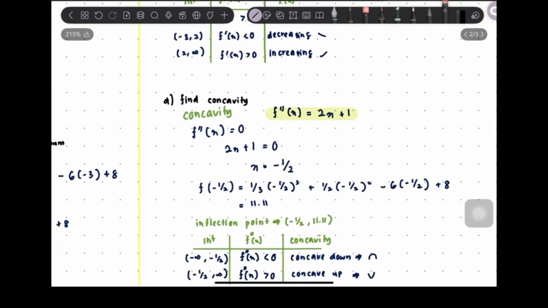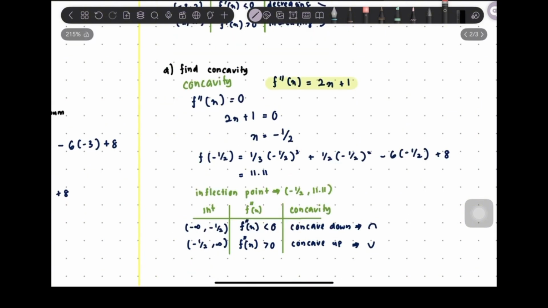Next, we need to find the concavity. We need to use the second derivative and set it equal to 0. So 2x + 1 = 0, and I got x = -1/2. We need to find the concavity, either concave down or concave up, in order to know whether we have an inflection point or not.